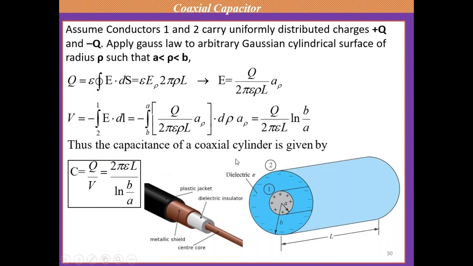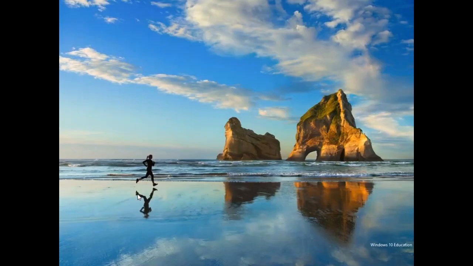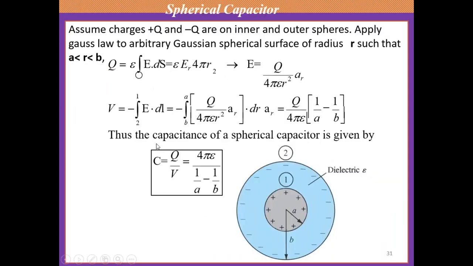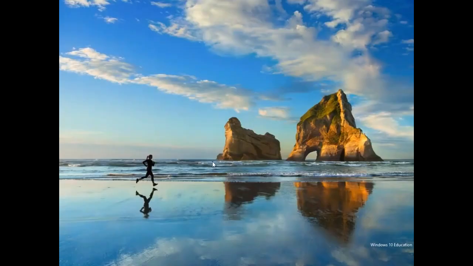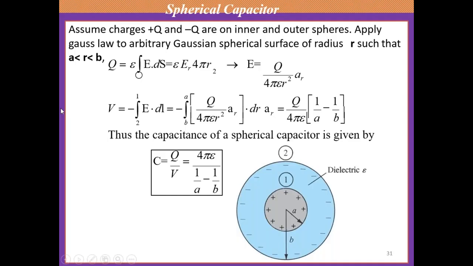The capacitance of a coaxial cylinder is given by C equals Q over V, which equals 2 pi epsilon L over ln(b/a). For a spherical capacitor, we have C equals Q over V equals 4 pi epsilon over (1/a minus 1/b).